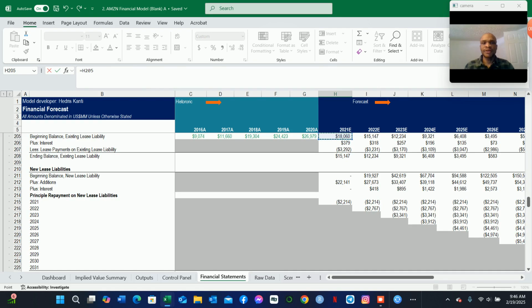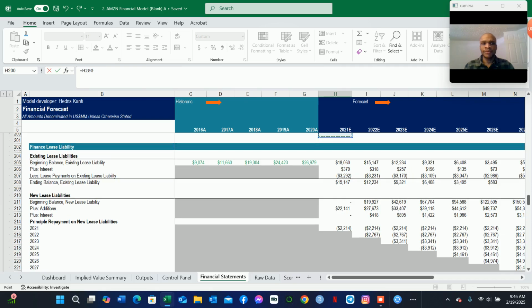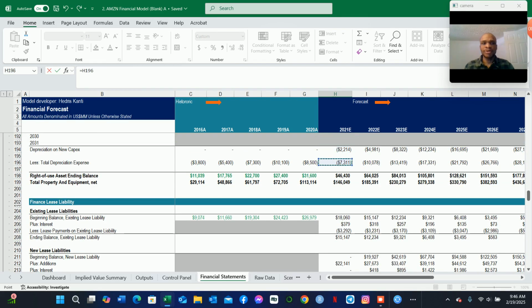So we can go down to the finance leases and we grab here the total plant and equipment balance here of roughly $146 million. Remember that this also included balance for the PP&E. So this is both the balance of the PP&E and the right of use of assets under the finance leases.